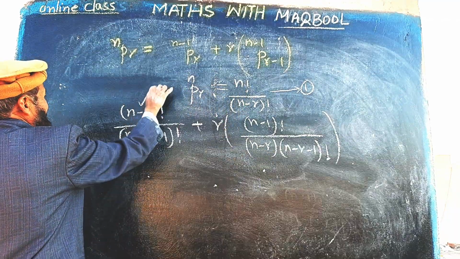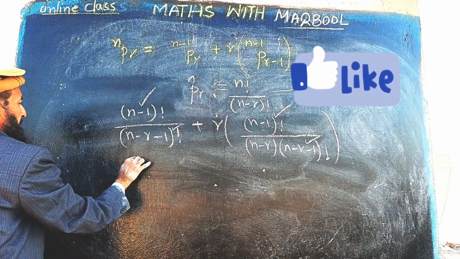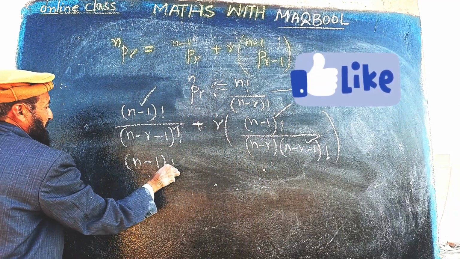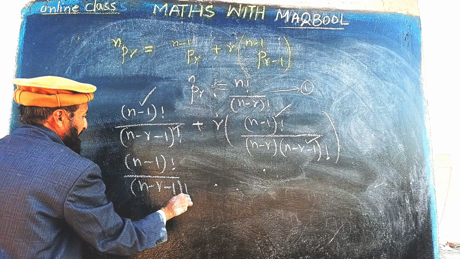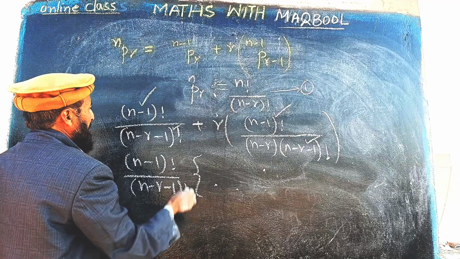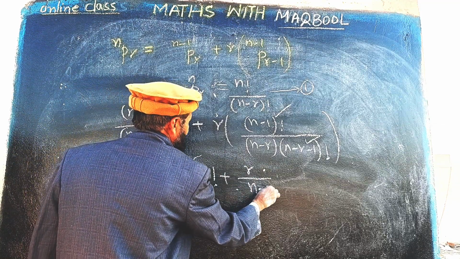Here this term and this term are common, and also in the denominator this term is common. So taking common (n-1) factorial and (n-r-1) factorial from both, what remains is 1, and here r and n minus r remain.